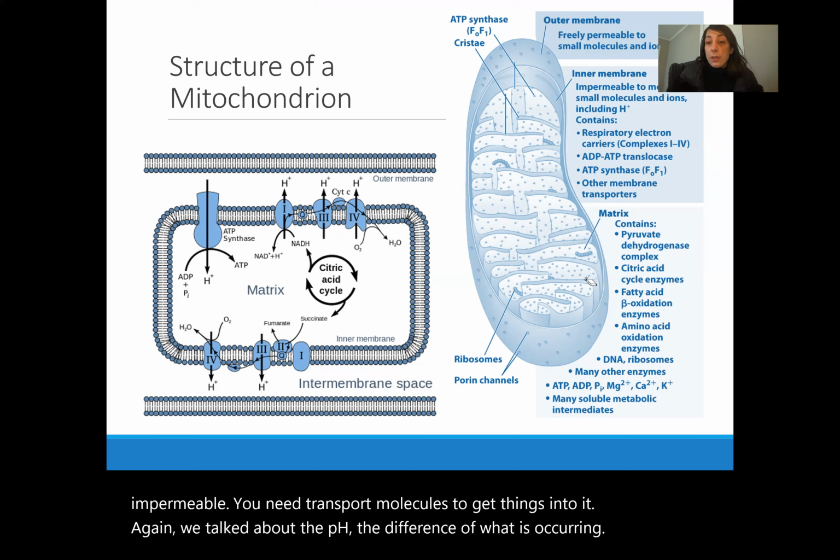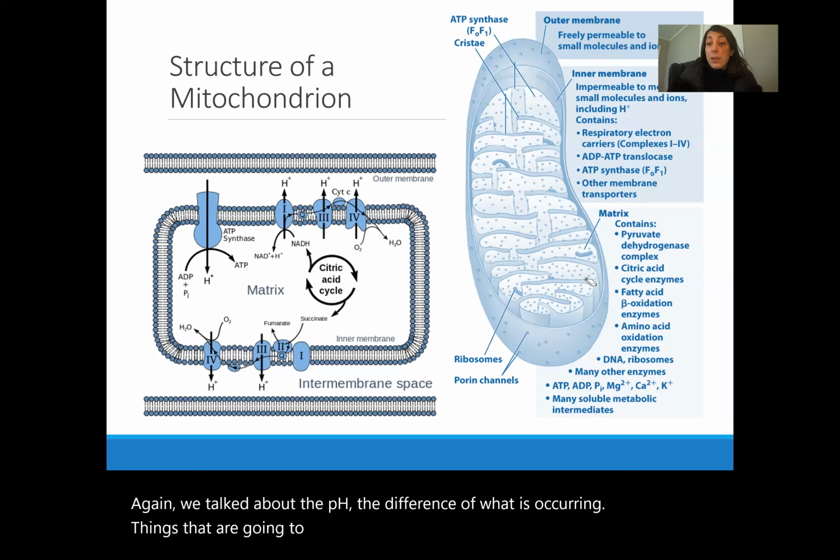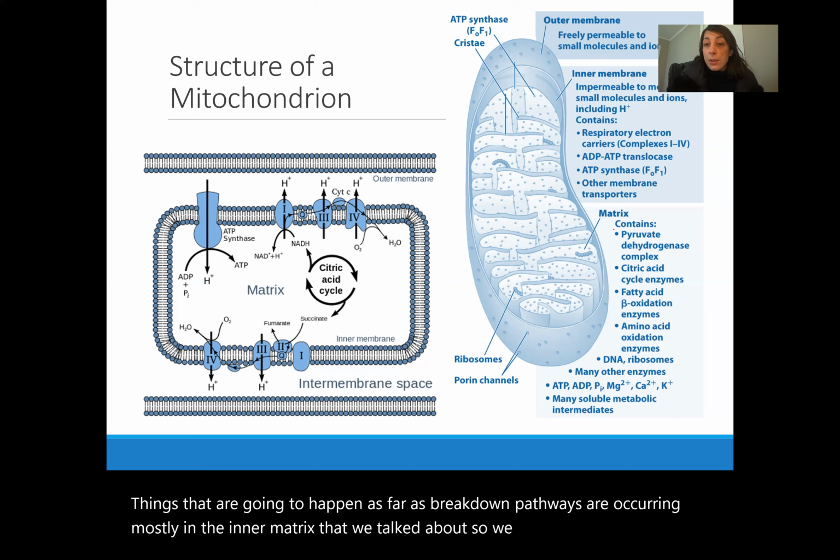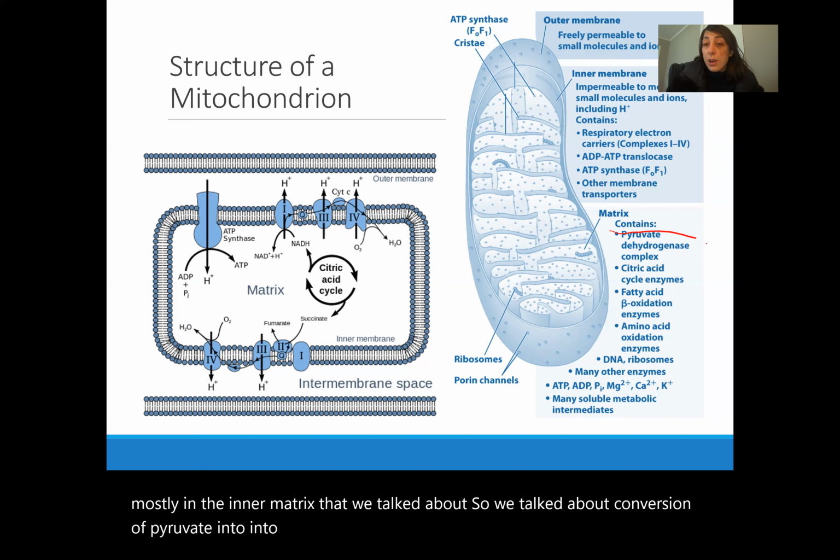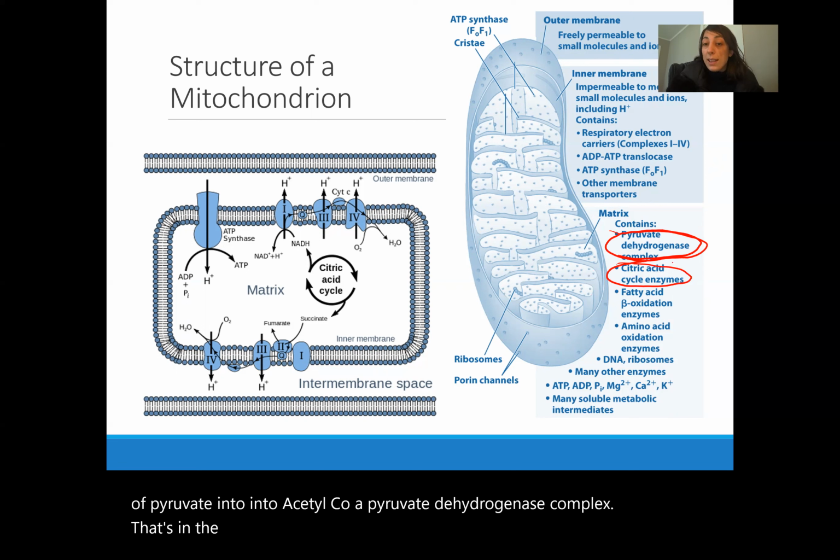Things that are going to happen as far as breakdown pathways are occurring mostly in the inner matrix that we talked about. So we talked about conversion of pyruvate into acetyl-CoA, pyruvate dehydrogenase complex. That's in the matrix. Things for the citric acid cycle, all of those enzymes, that's inside the matrix.